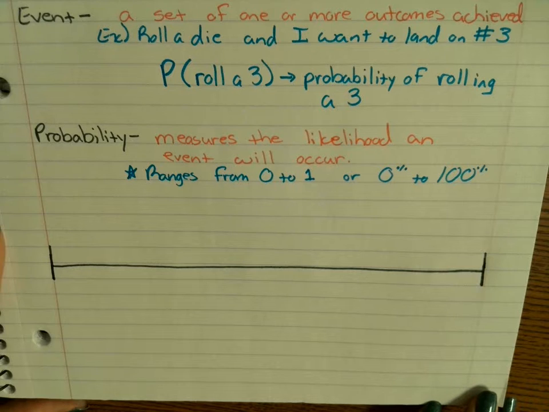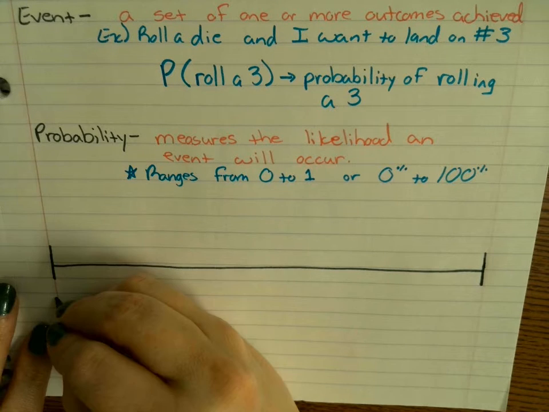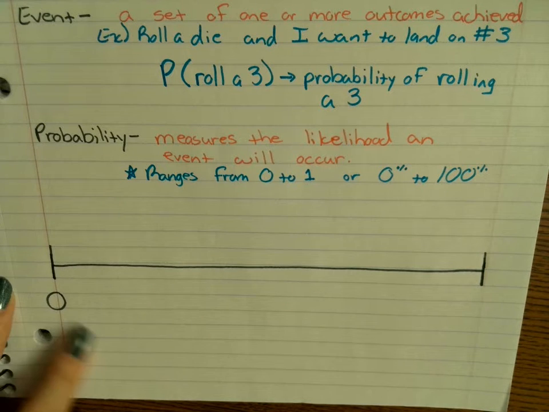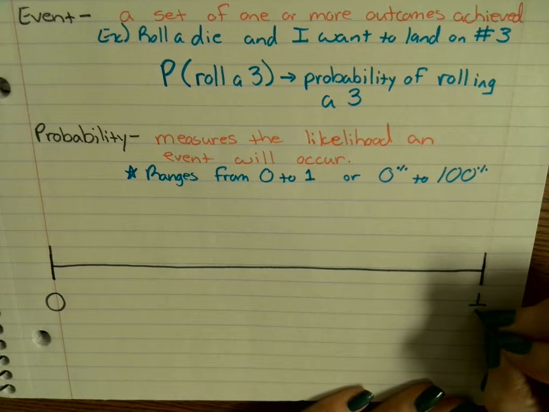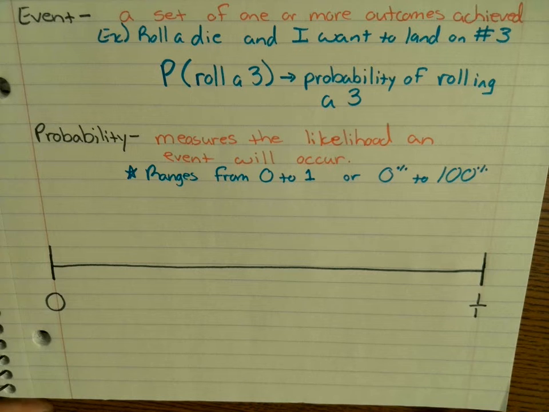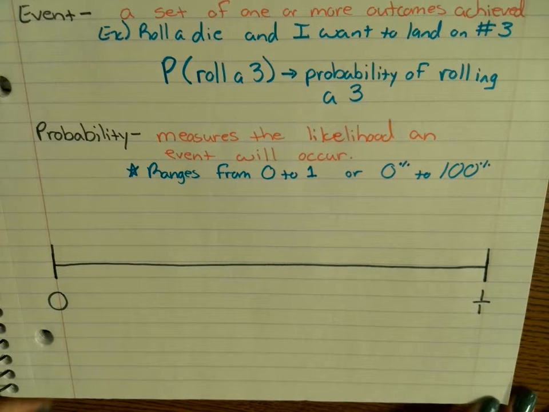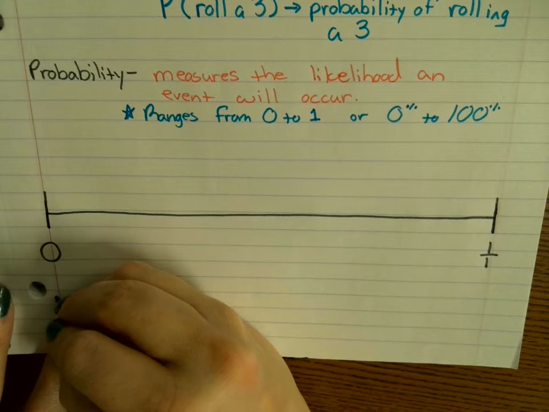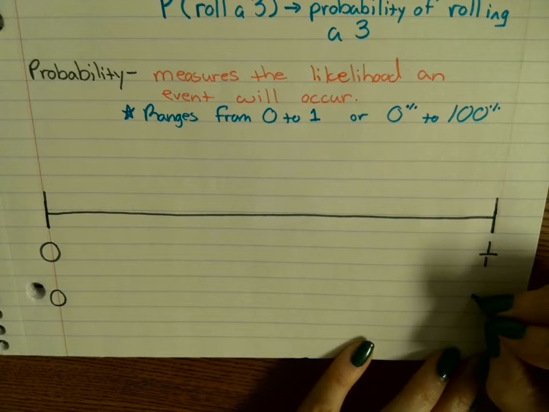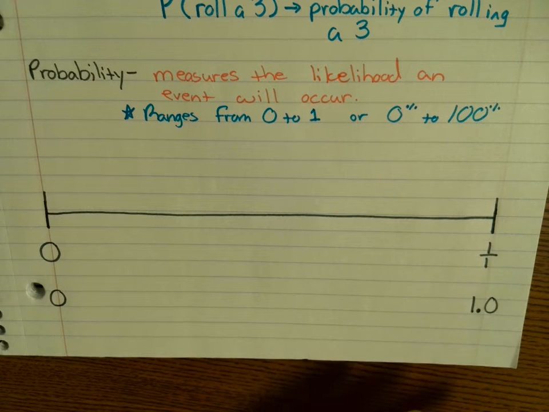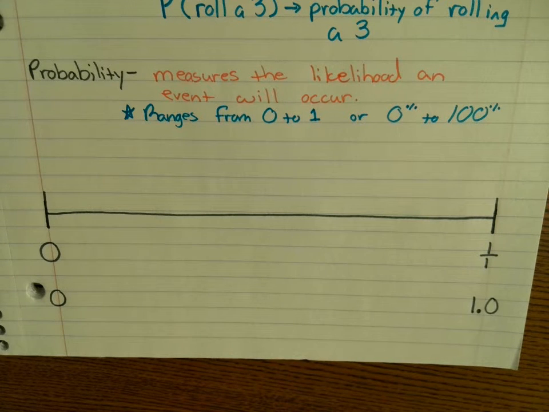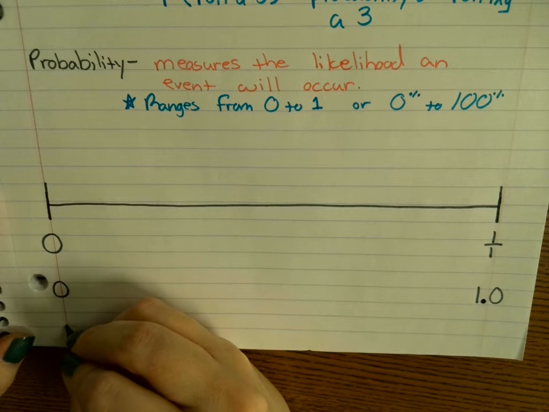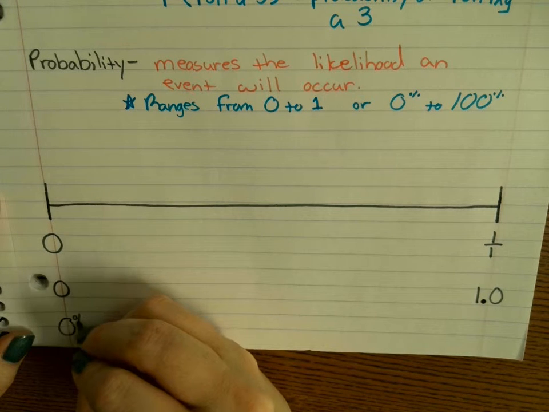You can write probability as a fraction, from 0 all the way to 1 over 1, which is a fraction of 1 whole. I could also write it as a decimal, from 0 to 1.0. Or I could write it as a percentage, from 0% to 100%.